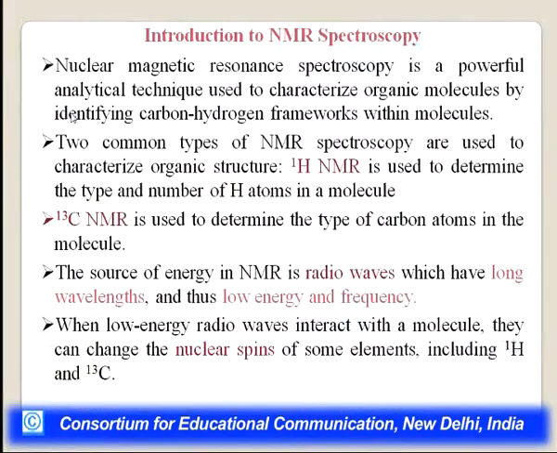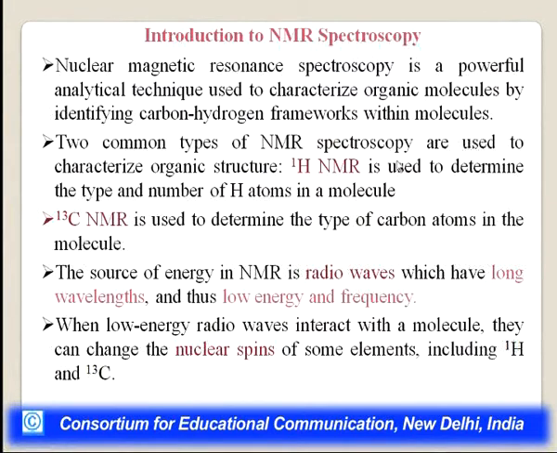Here we are going to take another type of spectroscopy, that is NMR spectroscopy, which is very important, because nuclear magnetic resonance spectroscopy is a powerful analytical technique which helps us to identify the carbon-hydrogen framework within the molecule.